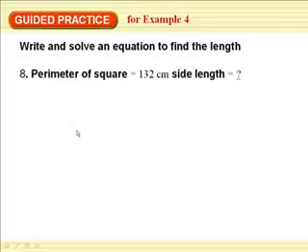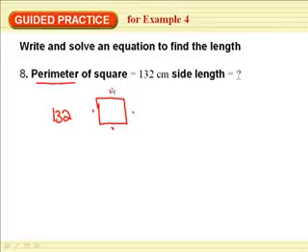Okay, this one we have to be careful what it says. It's perimeter. So if the perimeter of a square, here's my square, is 132, what's the side length? So that means what are these sides? So you know there's 4 sides, side, side, side, side.